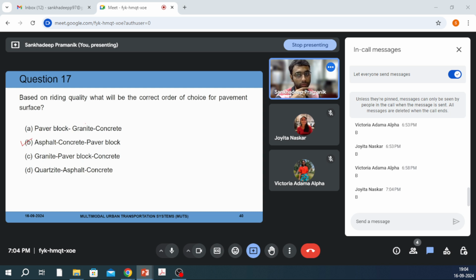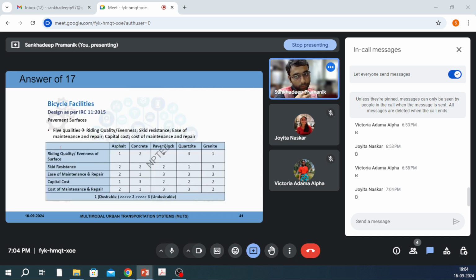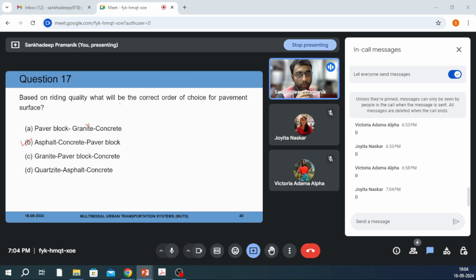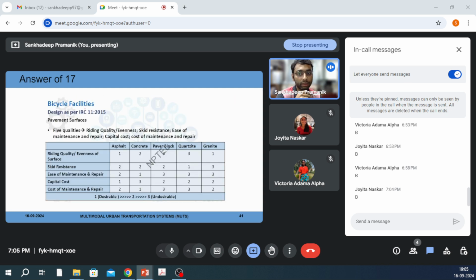So you can straight away see in this table we have given what material is desirable and undesirable for developing a bicycle facility from different perspectives, like riding quality, skid resistance, capital cost, etc. So what will be the correct order of choice of the pavement based on riding quality?